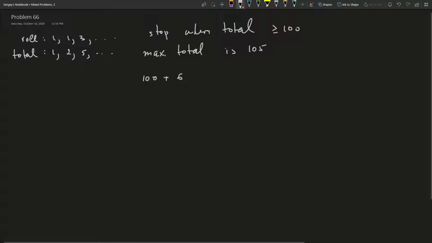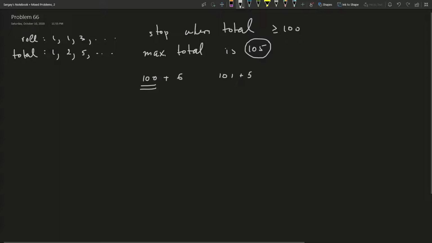Well, if the last roll had revealed a 5, that would imply the running total before the last roll would have to have been 101, and so on. But the moment the running total lands on 100, the process terminates. So there's no way to reach a running total of 106. So the max total is 105.